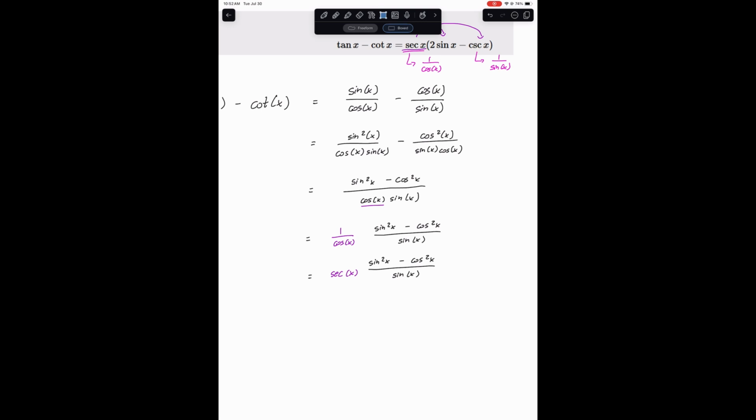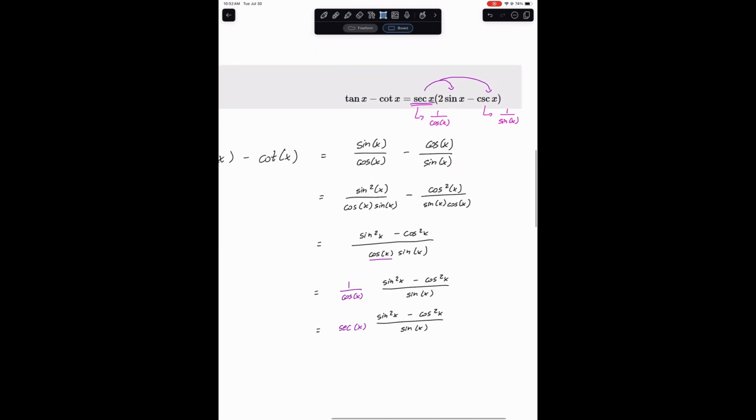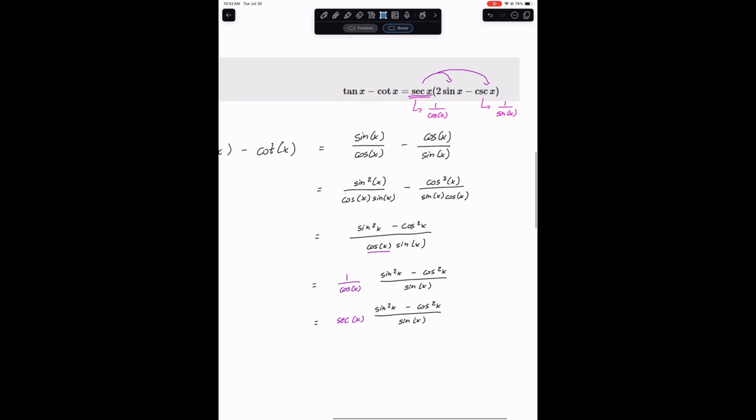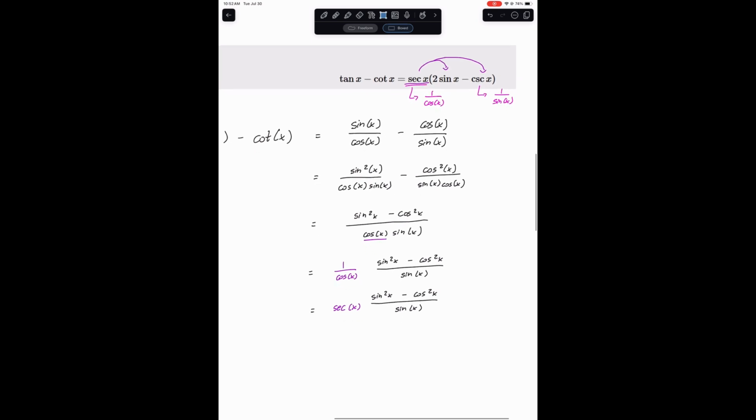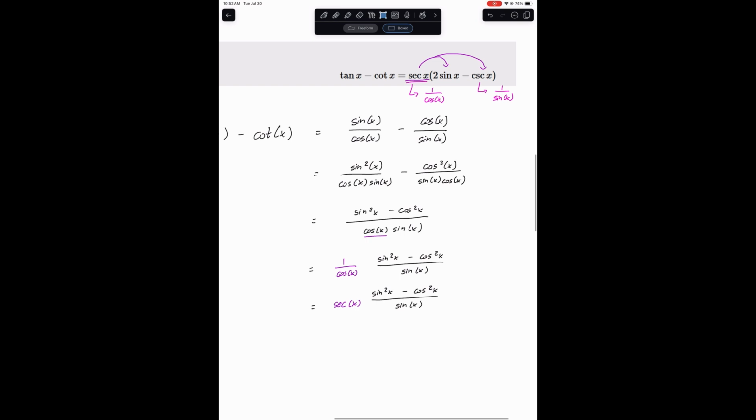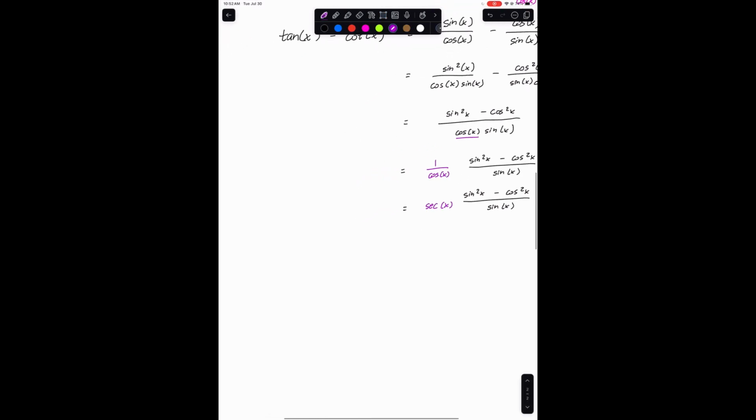Now the problem becomes, where do I get cosecant x and 2 sine x? I need a 1 somewhere, but where? So remember that with sine and cosine squared, we have, and let me write in red, sine squared x plus cosine squared x is 1.